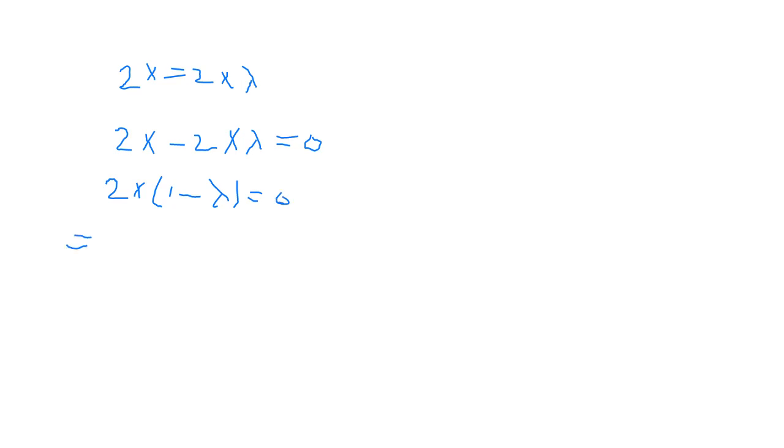So this means you have two possibilities. x could equal 0, or lambda, your Lagrange multiplier, could equal 1. This is something new. You've probably never seen something like this before. But basically, we're just working with this set of equations to try to get where the maxima and minima are. So x equals 0 or lambda equals 1.